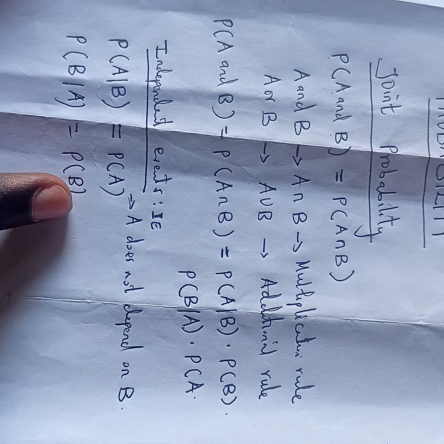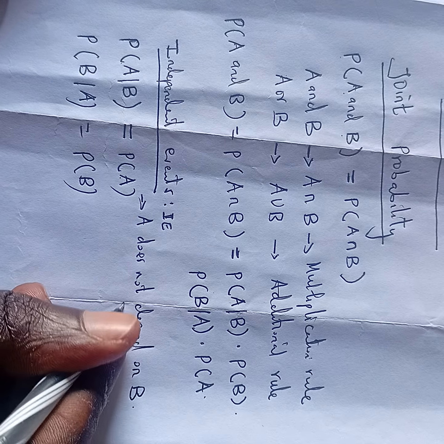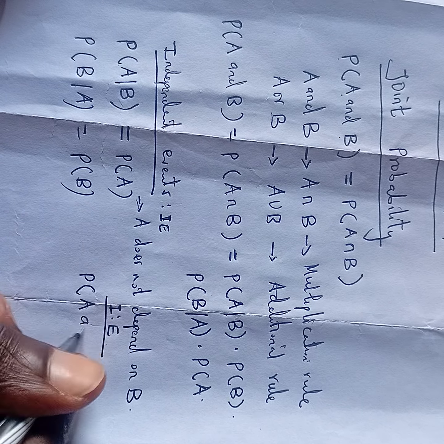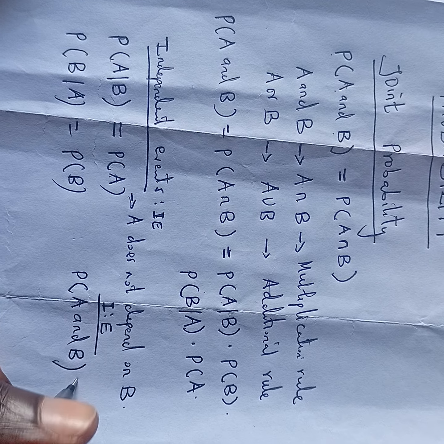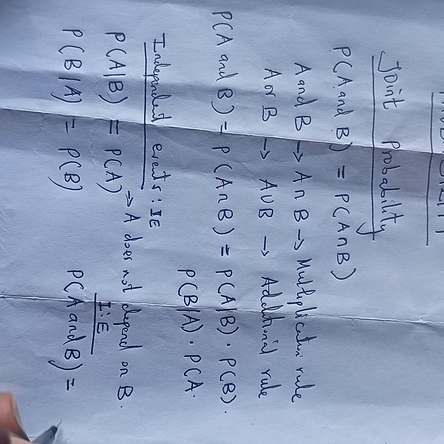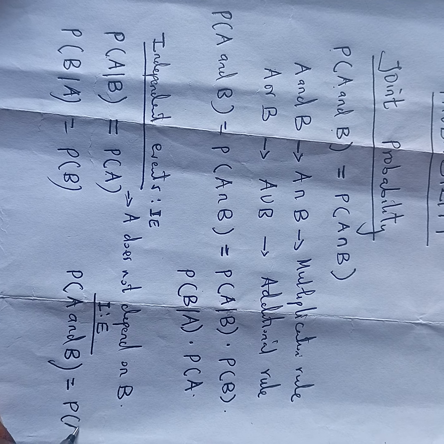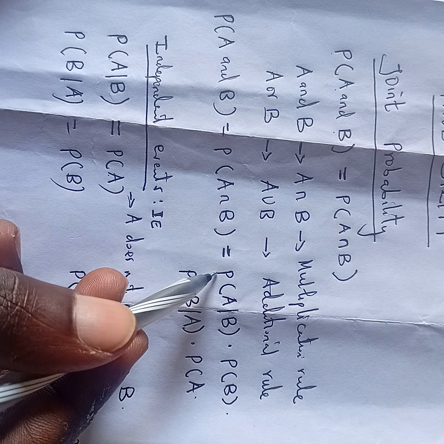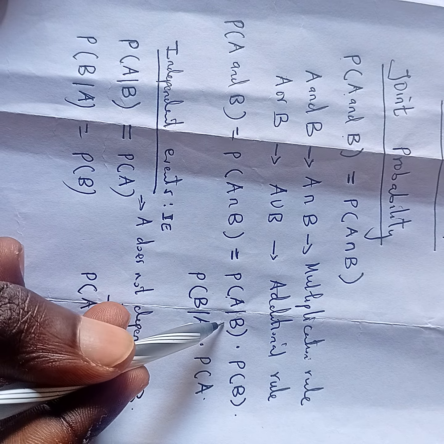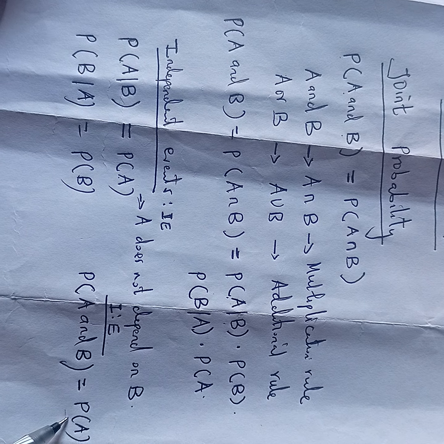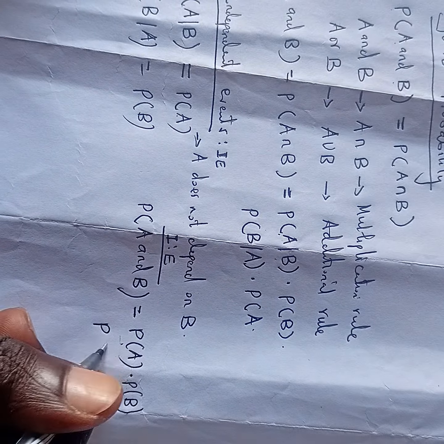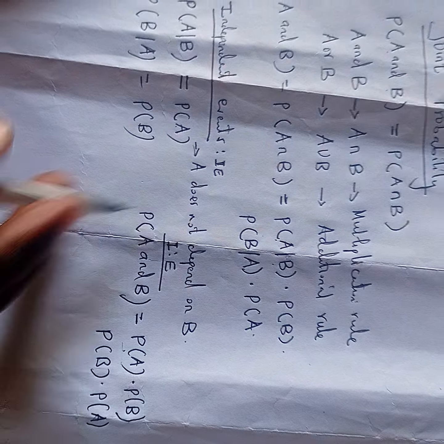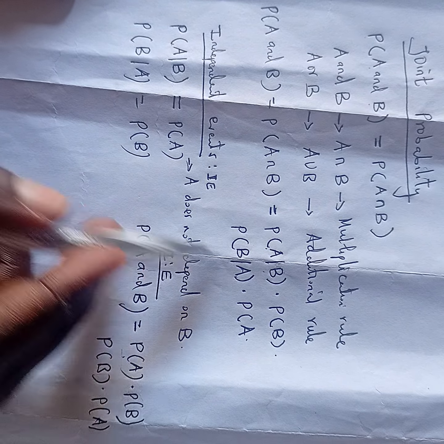Under independent events, we can say that the probability of A and B happening is equal to the probability of A times the probability of B, or the probability of B times the probability of A. We just replace the conditional probability with the simple probability.